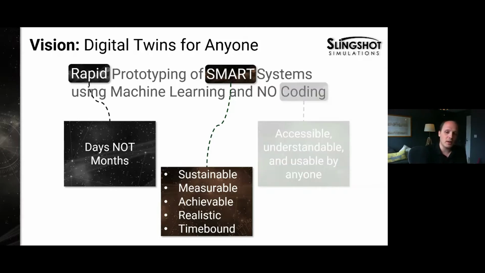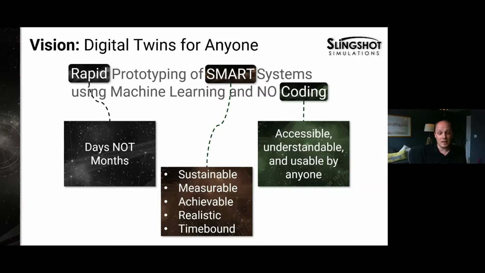And most importantly, in order to actually make it usable for anyone and to truly democratize digital twins, we have to make it accessible and understandable and usable by anyone. We've got clients in every industry, from people who quit school at 16 and who are scared of Excel, to PhD biologists who I have no idea what they're talking about.